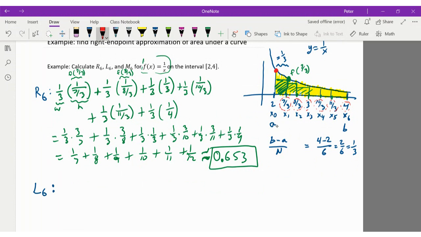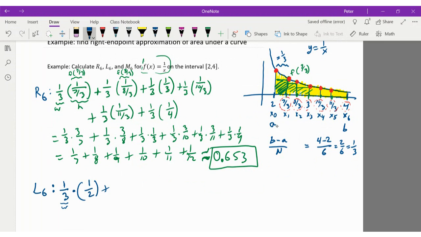I'm going to use that point, that point, that point, that point, that point, and that one. And it's the last point that gets omitted. I don't want to belabor the point, but basically this is now going to be 1/3, that's still the width, and now I'm going to use 1/2.